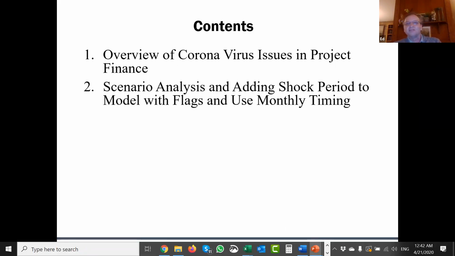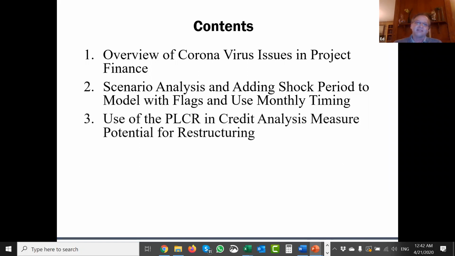Okay, so what we're going to do is, again, go through some issues and how the crisis can affect project finance, how to add scenarios to this in the same kind of way, but there are going to be a few differences. And then I'm going to go crazy on using a ratio that a lot of people don't even look at.